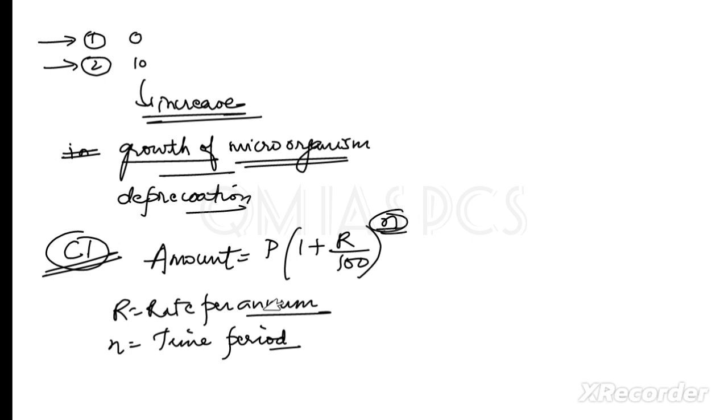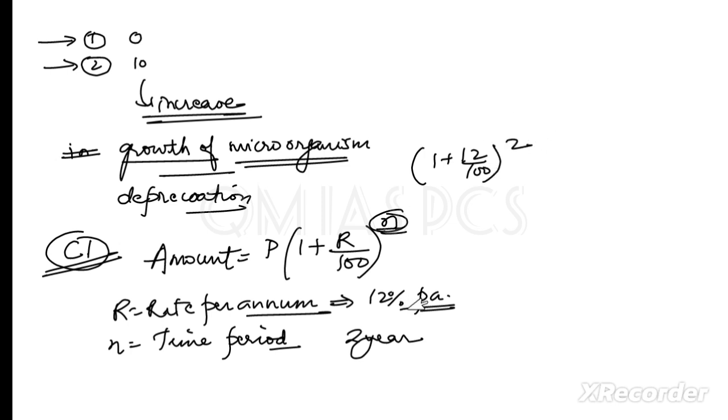If per annum is given, like let's say 12% per annum, and the time period is given as 2 years, it's simple, you can write 1 plus 12 by 100 and the power is 2.